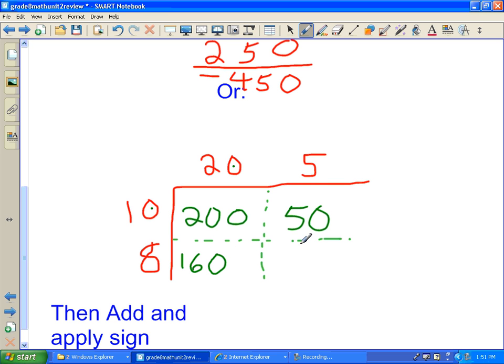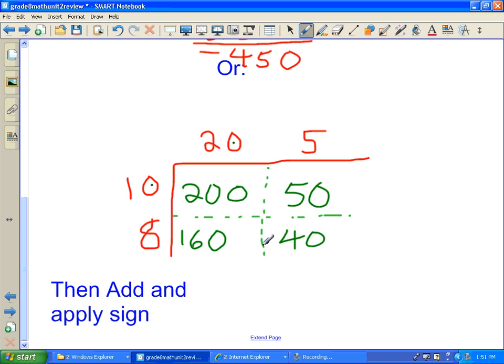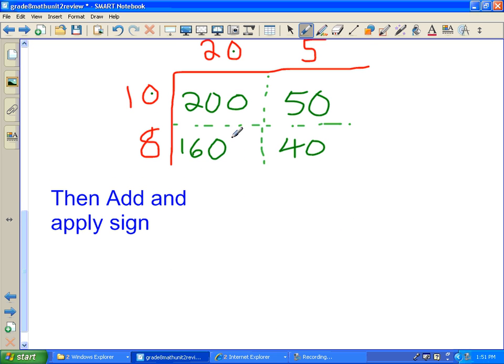And 8 times 5 is 40. Then all we have to do is simply add up our 4 numbers, 200, and then we've got 160, and then we've got 50, and then we've got 40.